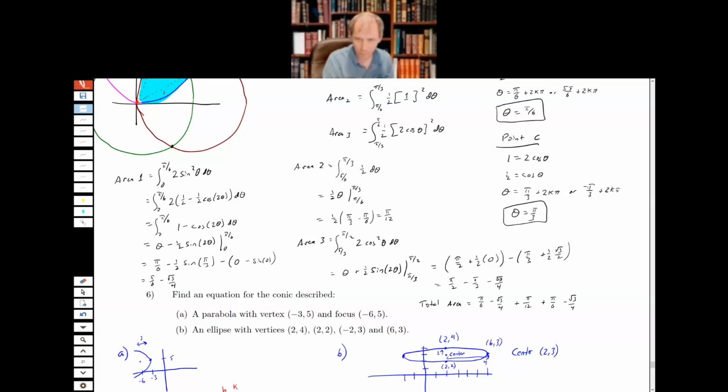Okay, so I have pi over 6 plus another pi over 6. This is 2 pi over 12 plus 2 pi over 12 is 4 pi over 12, plus another one is 5 pi over 12, minus root 3 over 4 and another root 3 over 4 gives me a root 3 over 2. Okay, so that is the total area.